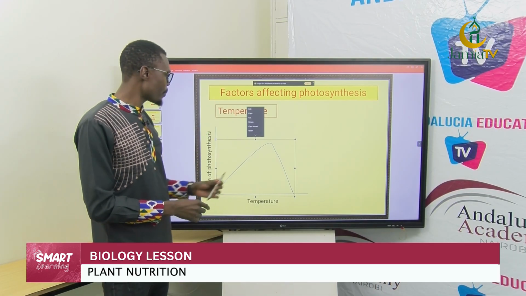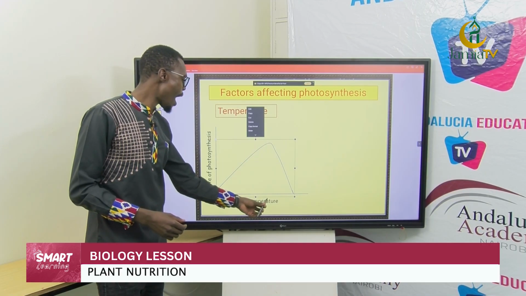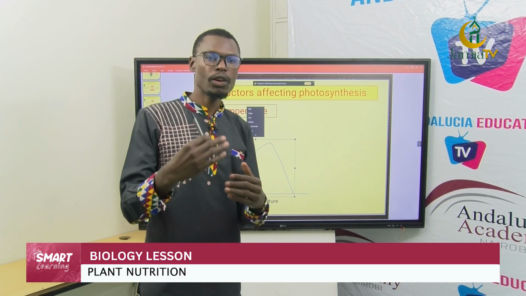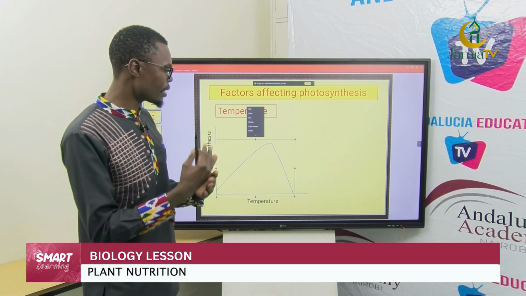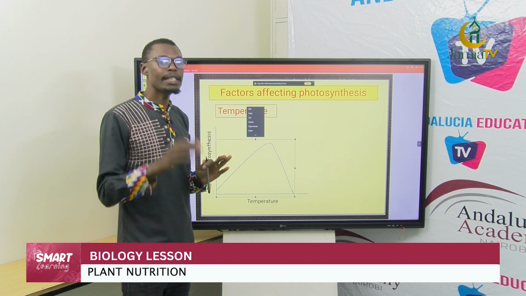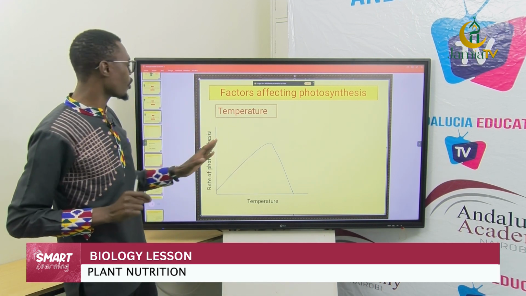Where does the temperature act effectively? It acts effectively at the optimum temperature. The optimum temperature is around 37, 38 degrees Celsius. So the optimum temperature is the temperature required for an effective rate of photosynthesis.